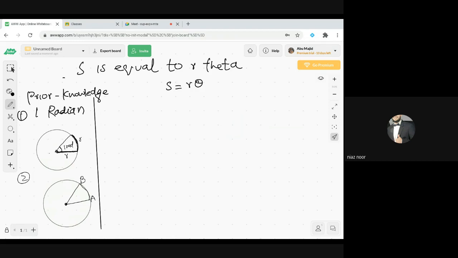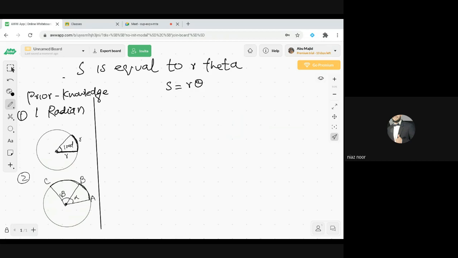And we have another arc here, let's say this is arc BC. Let's say the arc AB subtends an angle which we call alpha. Similarly, the arc BC subtends an angle which is beta.